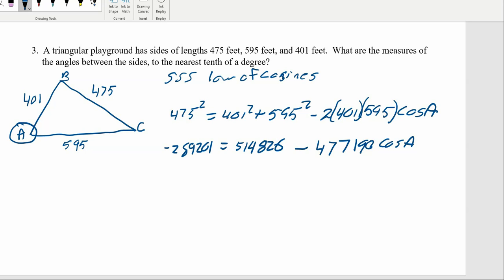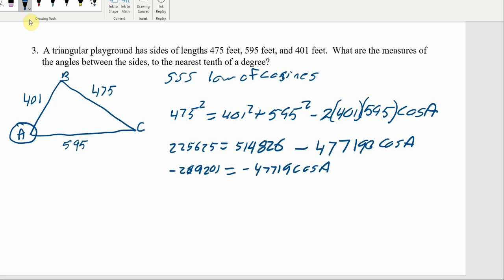Okay, so that didn't come to this. 475 squared is 225,625. Now when I subtract the 514,826 from that 225,625, that's when I get the negative 289,201. And that's equal to a negative 477,190 cosine A.